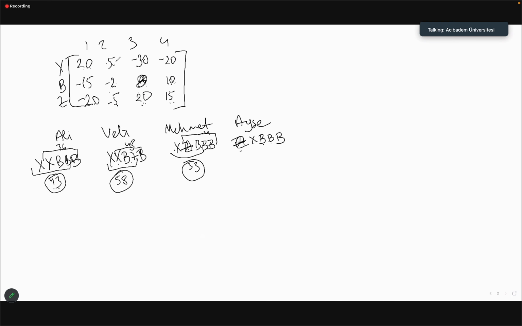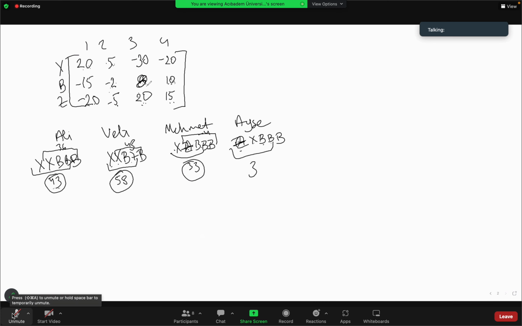ZXBB has a score of 3. XBBB has a score of 36. So which one has the lowest score? Mehmet. Which one has the highest score? Veli. So if the bioinformatics performance depends on the ugrase activity, Veli will perform the best, and then Ali, then Ayşe, and the weakest one is Mehmet.